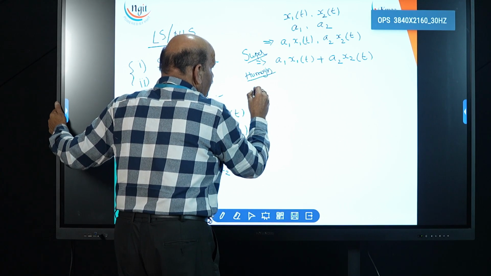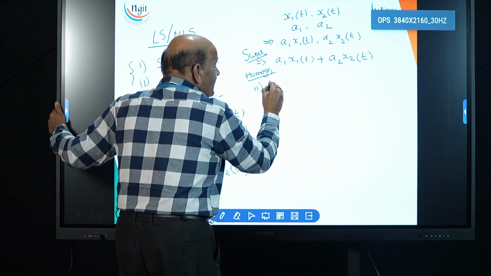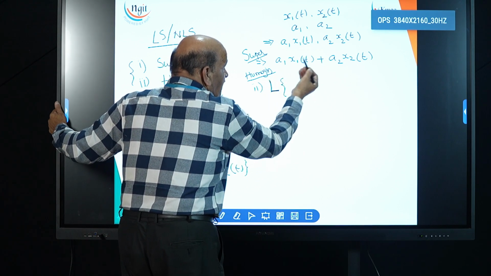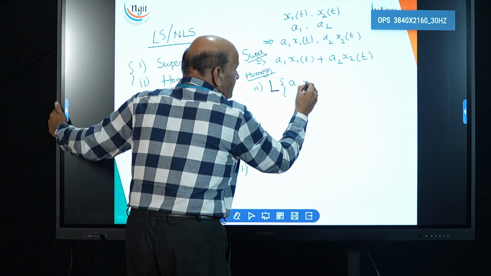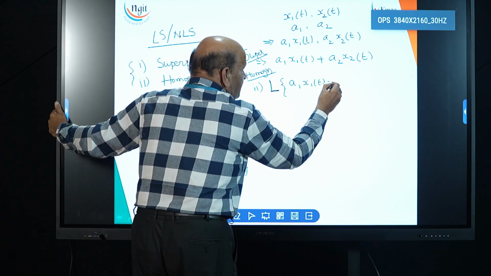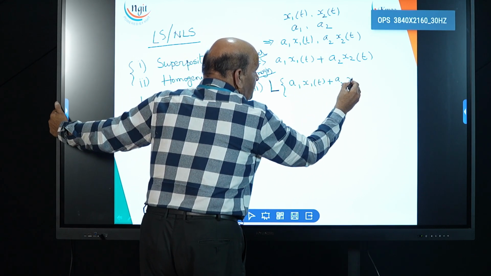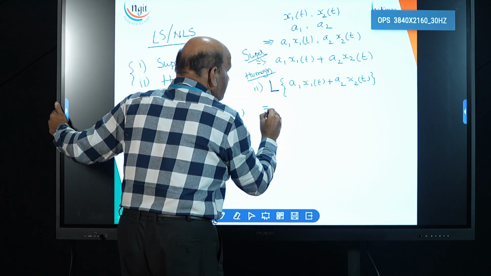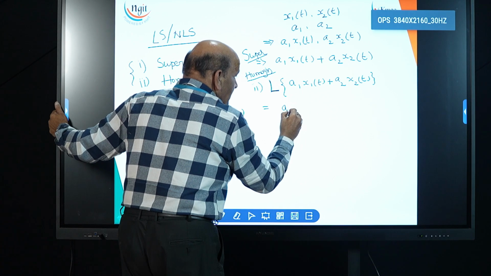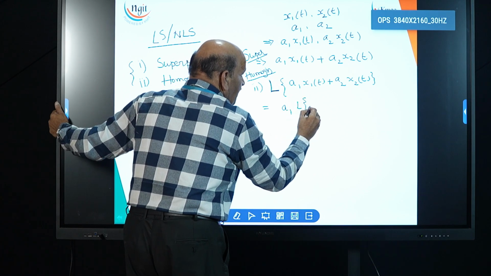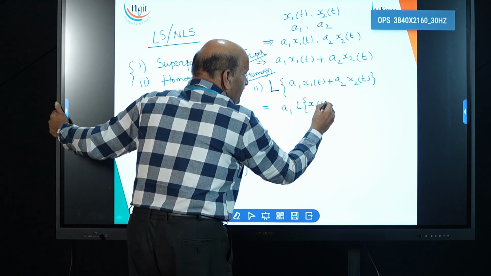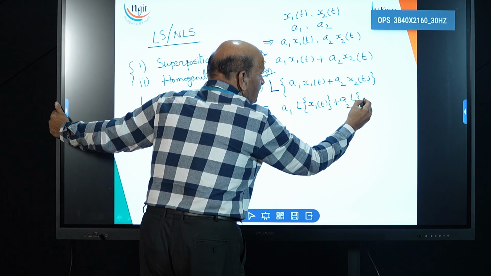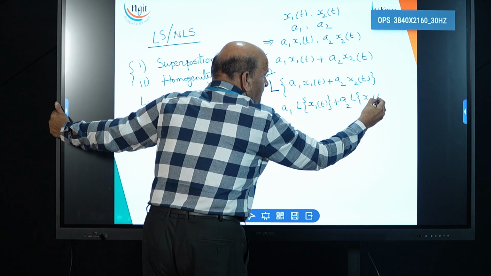Now, after that, we have to verify the linearity principle, where L stands for linearity. The linearity of the superposition signal a1 x1 of t plus a2 x2 of t should be equal to, individually, a1 L of x1 of t plus a2 L of x2 of t.